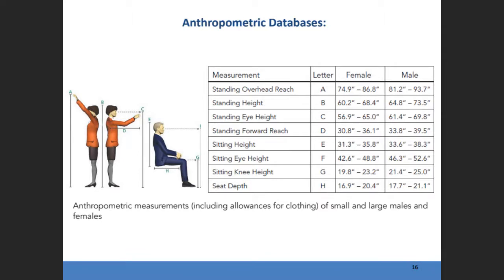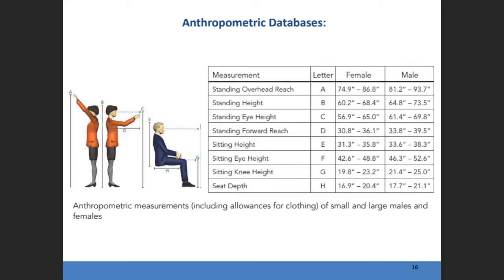For F, which is the sitting eye height, similar to C, but while you are seated. It is the distance from the floor to the eye of the person while he or she is sitting. Again, here the dimension is from 42 to 52.